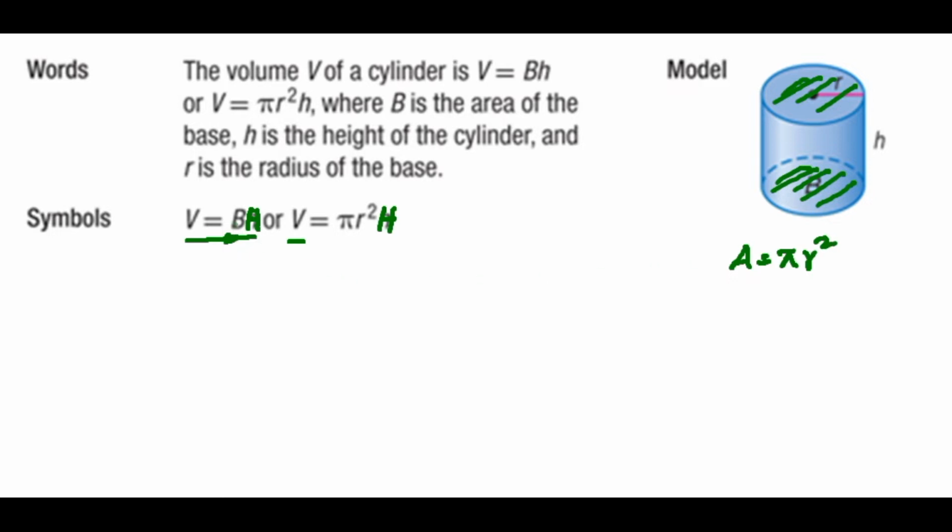So that's why this B will be replaced by pi r squared, so our formula will be V equals pi r squared times H, capital H. So I'm going to be using this formula for the volume of the cylinder.